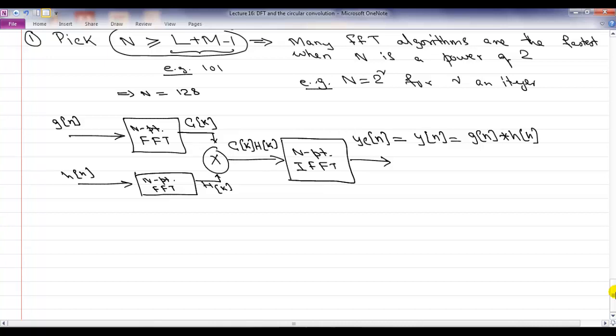In addition, if we use this method for signals that are too long, then that will create a large delay before you can have your output ready. So in the real world, for very large length input signals, what is done is that a long input signal is chopped up into small sized pieces, and as the new data comes in, it is collected up to that small size, and then it is processed through the LTI system using this procedure.